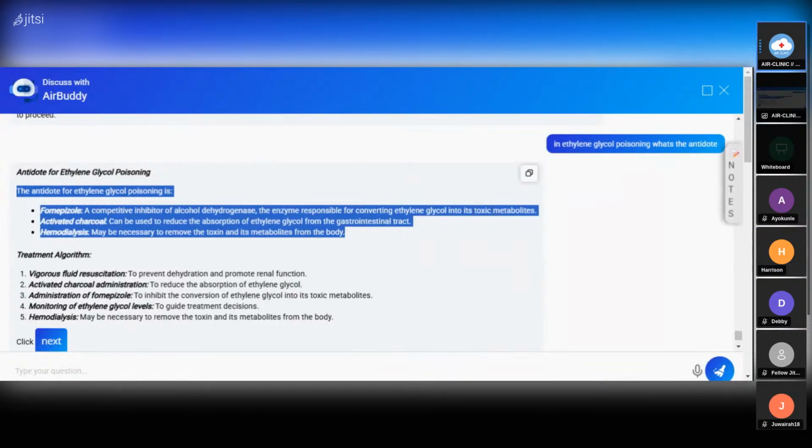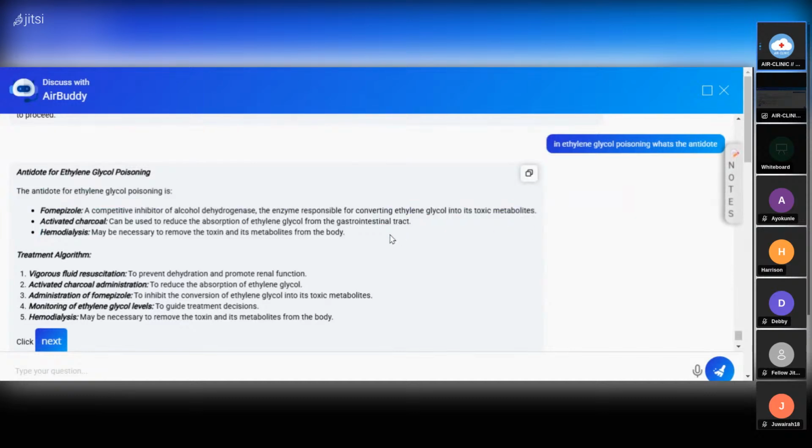So fomepizole is the antidote for ethylene glycol. You also use activated charcoal, and of course, if required, you do hemodialysis. You know, it's a more toxic form of alcohol, like ethanol, the one that's easily drinkable.